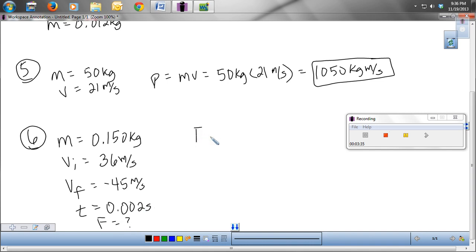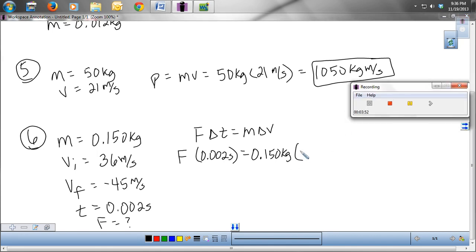So I'm going to say that F delta t equals m delta v. So my delta t was 0.002 seconds. My mass was 0.150 kilograms. My change in velocity was final, negative 45, minus initial, which is 36.